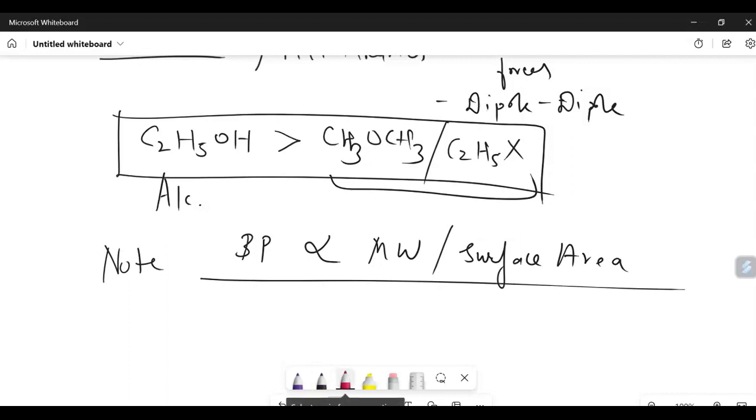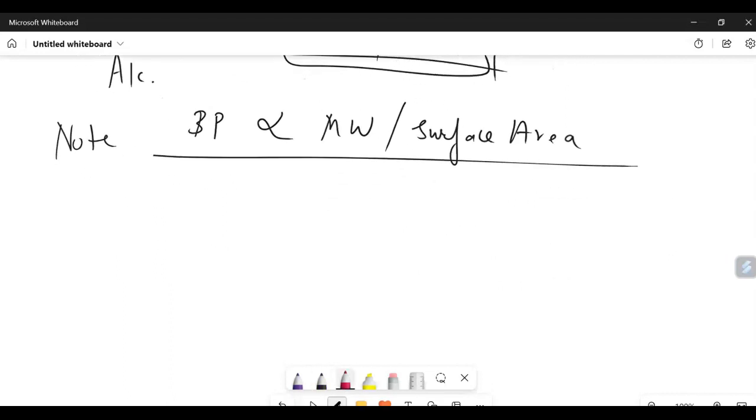For example, if I am talking about the alcohols only, you can go through 3 degree, or 2 degree also you can make. Let's make it CH3 CHOH, this is isobutyl.